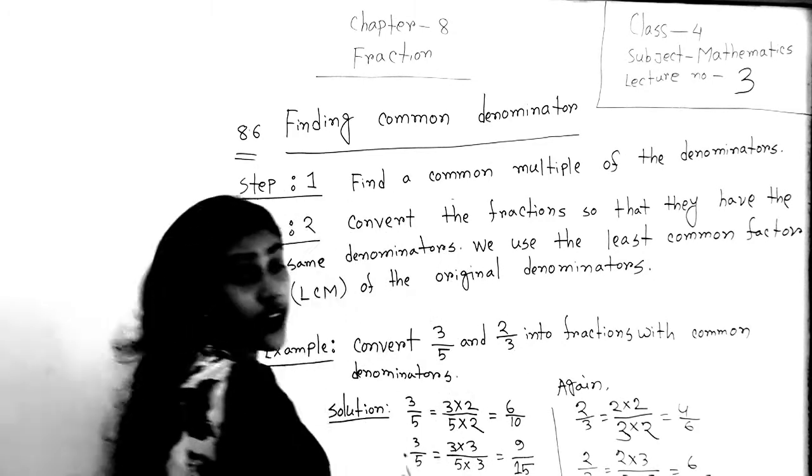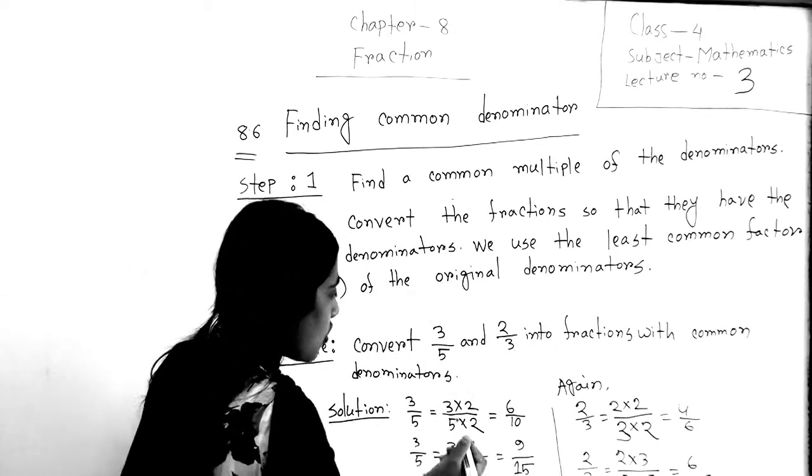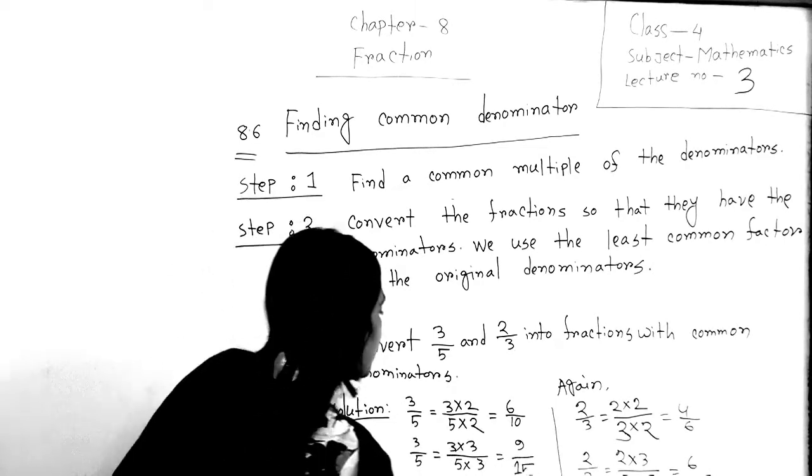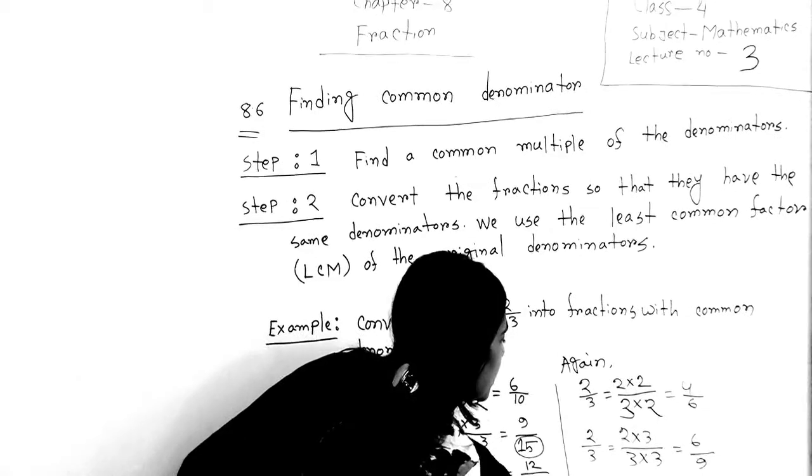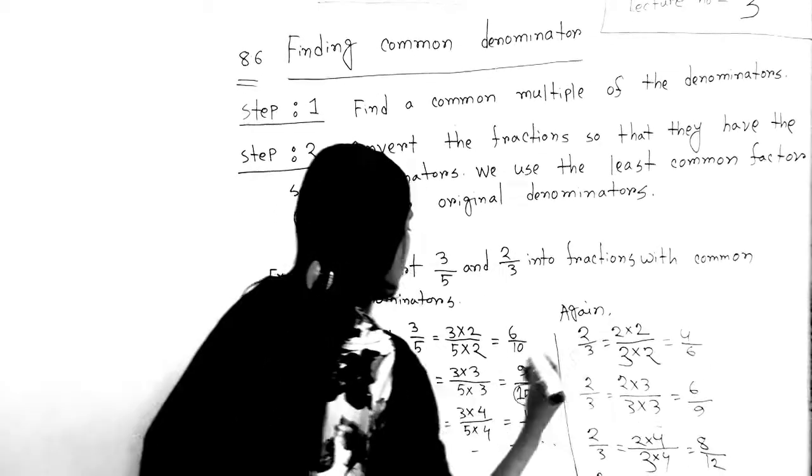In here, we can see that the common denominators are 15 and here is also 15.